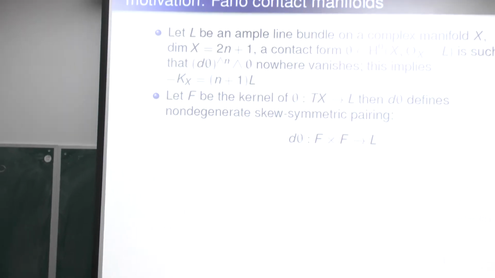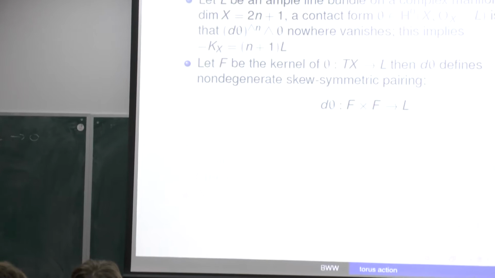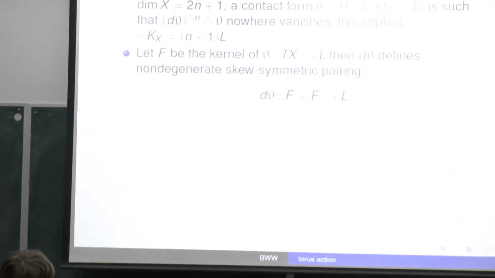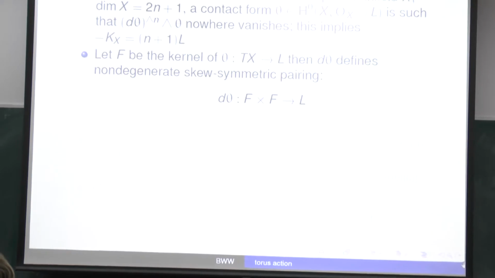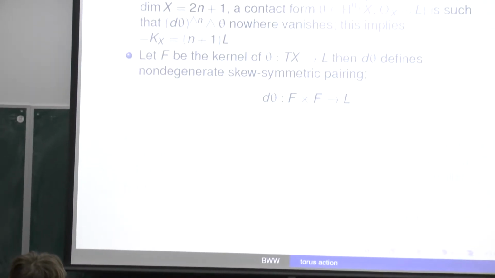So in particular, it also determines the relation of this line bundle L with the anti-canonical bundle. This is explained over there. Also this Lie bracket defines a skew-symmetric pairing on this bundle F with values in L. We will use it later.